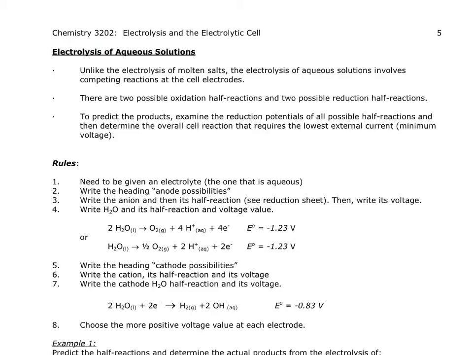We have competing ones: either A, the solution that was put into the electrode, or B, the water that was dissolved into it. So there are 2 possible oxidation half reactions and 2 possible reduction half reactions. In order to predict the products, we need to examine those 2 reactions happening at the anode and those 2 reactions happening at the cathode and determine the overall cell reaction that requires the lowest current.